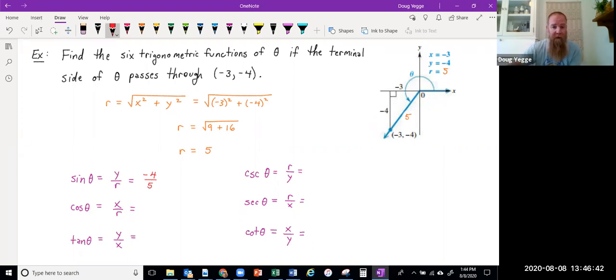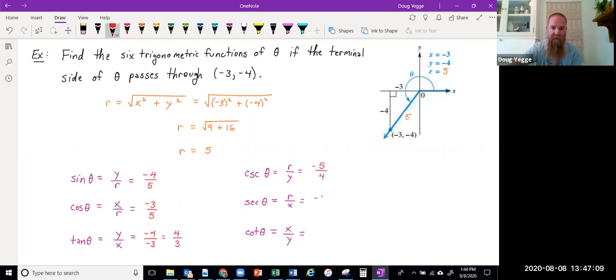And so when we take a look at y over r, we get -4/5. X over r is -3/5. And finally, y over x is -4 over -3, which we need to recognize is back to positive again. And now to take the reciprocal of each of these, we just simply get -5/4.